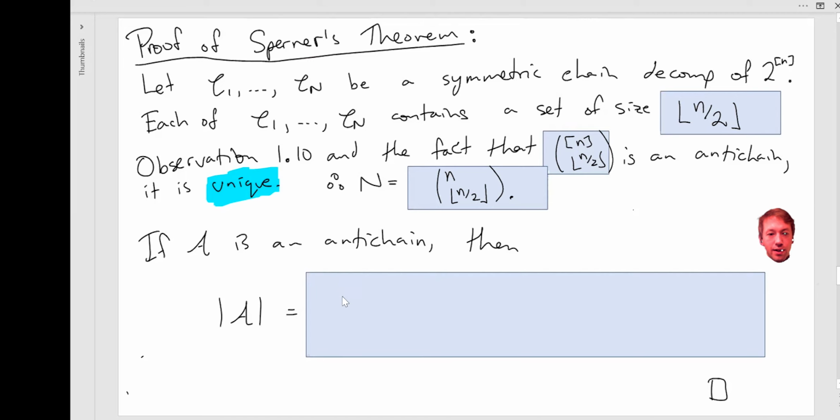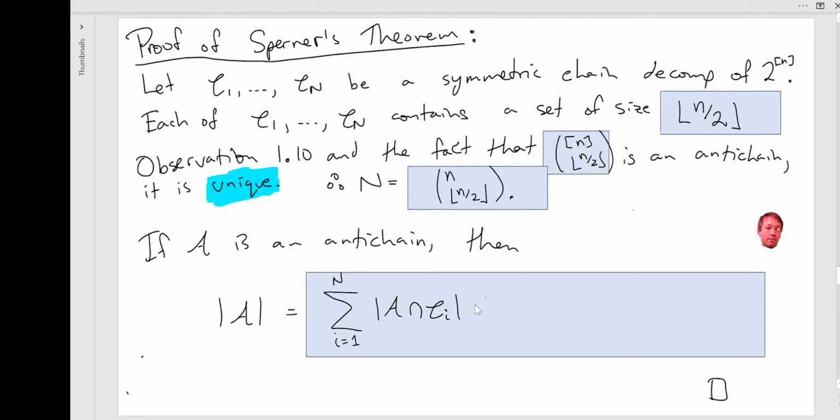Okay, so last line of the proof. Let A be an antichain. We want to show it's small. So I can write the size of A. Since the chains are partitioning, I can break up the antichain A in terms of which chains the elements are in. So the size of A is literally equal to this value, because it's important here that the chains are a partition of the whole power set.